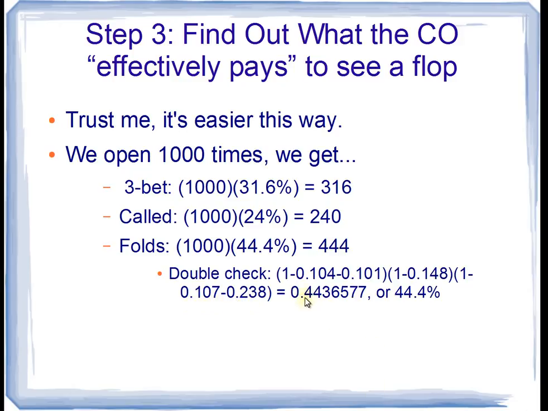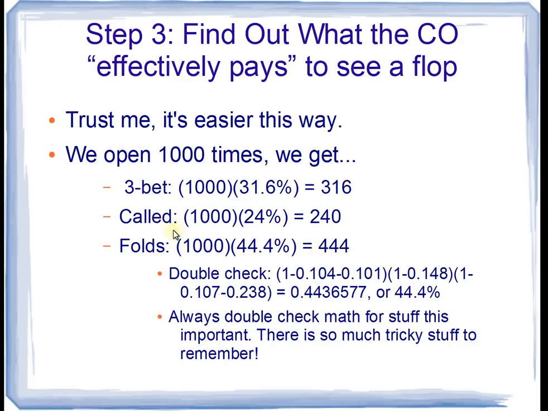For some reason, I had the urge to put down a ton of significant figures and got this weird number, which is 44.4%. So I double checked the math. All the math checks out. So we pretty much can't have made a mistake here unless I made 2 mistakes. So we're pretty much good to go. The opponent folds 44.4% of the time for 444 times total if we opened 1,000 times.